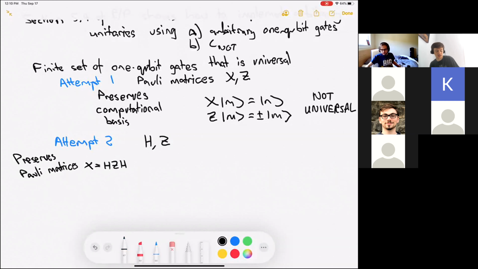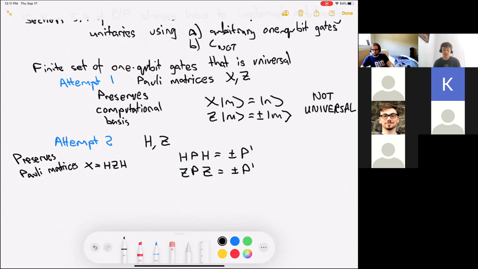What do I mean by this? I mean that, for example, for any Pauli matrix P, if I conjugate it with a Hadamard matrix, then I get plus or minus P prime for some other Pauli matrix P prime. And similarly, if I conjugate a Pauli matrix with Z, then I again get plus or minus P prime for some Pauli matrix P prime.